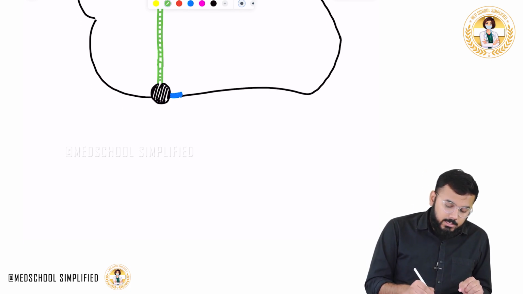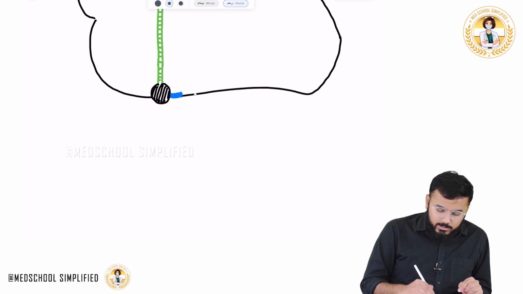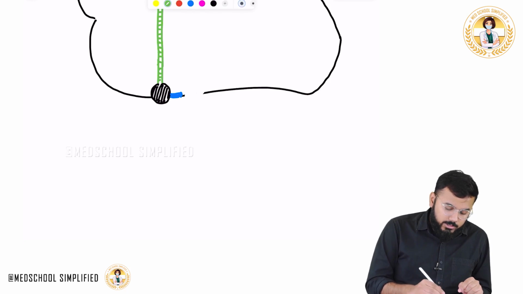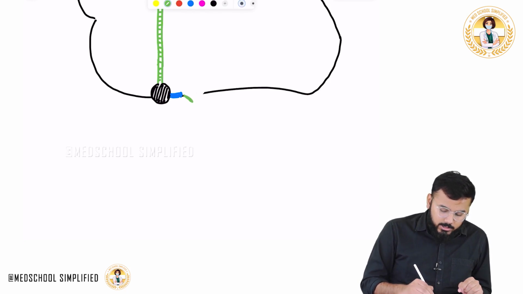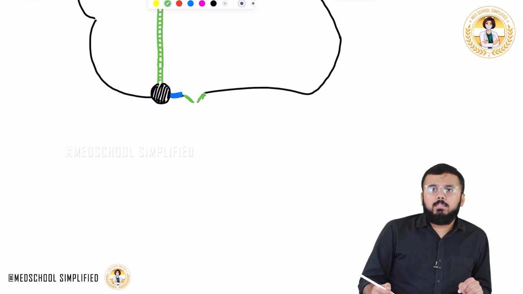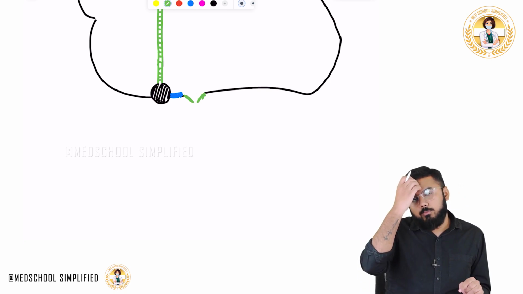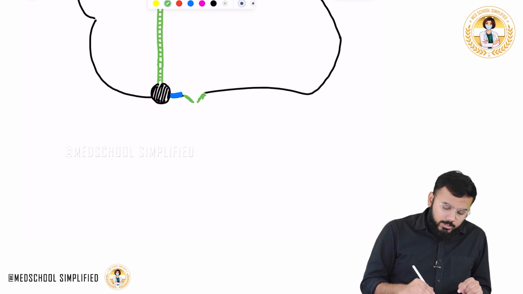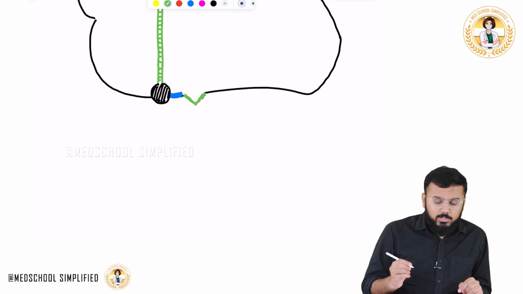Next, another important thing is that here, if you see very carefully, there are 2 important structures. One structure which is coming all the way like this is called your tuber cinereum. Now the tuber cinereum from both sides will meet together and form a structure like this.